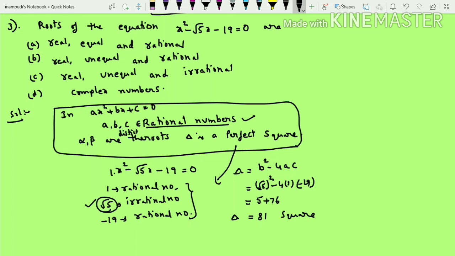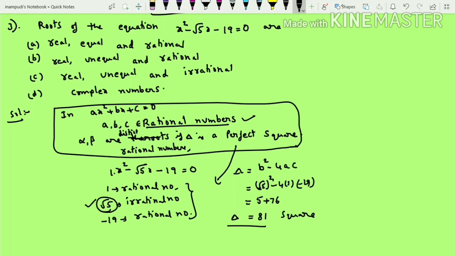If a, b, c are all rational numbers, it can be satisfied, and delta equal to 81 would give distinct rational roots.